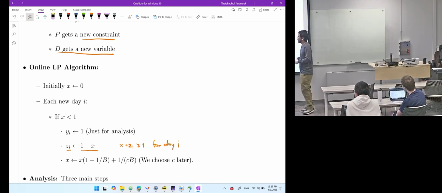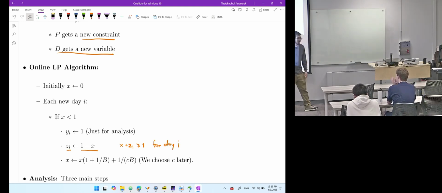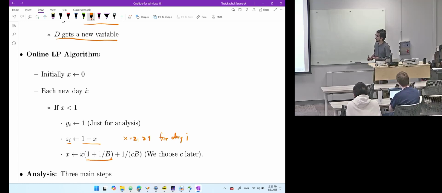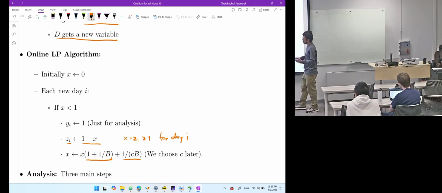So the way you should think about this is that you increase x with some factor, 1 plus 1 over b. So it increases exponentially at this rate. But I will need this additive term to make the math nice.